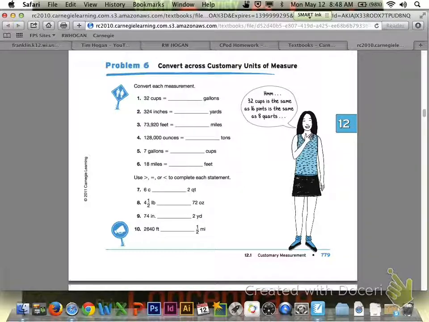Now, take a look carefully at what some of the conversions are asking you to do. You might have to skip across the different customary units of measure, so make sure you look at those carefully when you're doing this for homework. Let me know if you have any questions regarding customary units of measure.